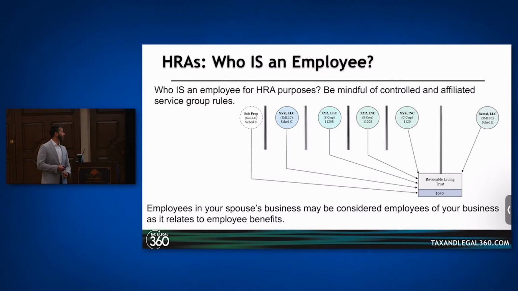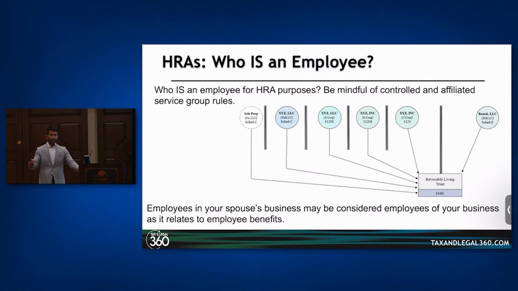So essentially what this slide says in plain English is that employees that I hire in my sole proprietorship, I would have to offer them the same benefits as I offer my spouse, but also employees in businesses that I might have a majority interest in, right?